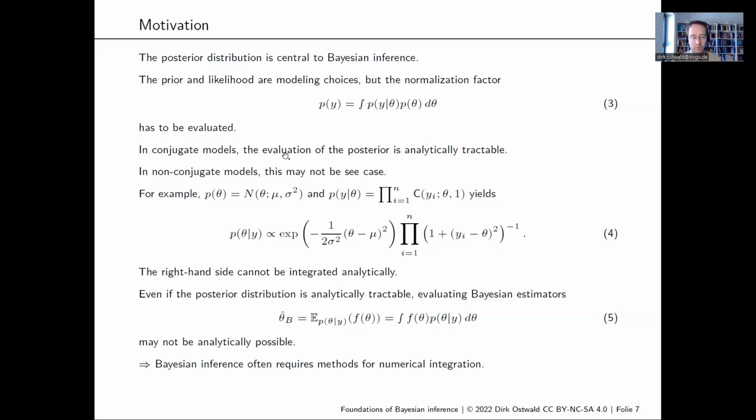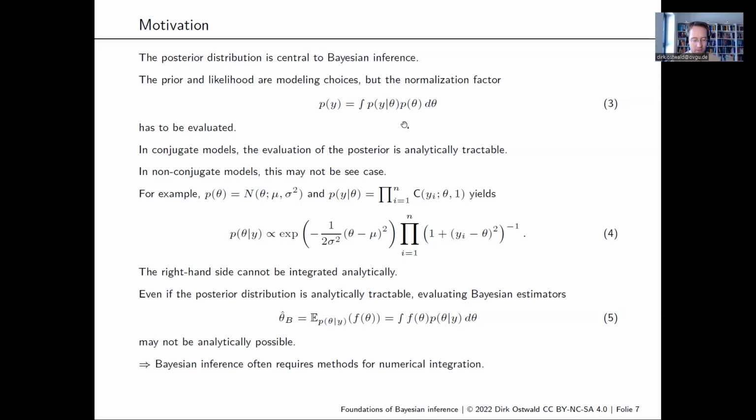But the problem is to find this normalizing factor, which is P of y, which is the marginal of the joint distribution when integrating out the parameter. And hence the problem is a problem of integration.